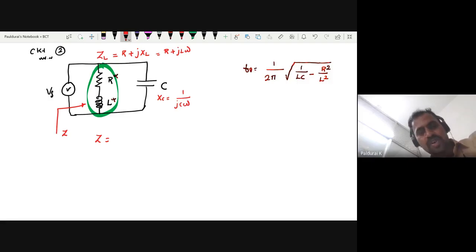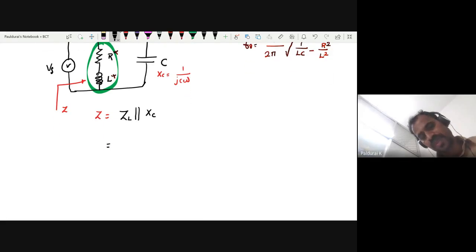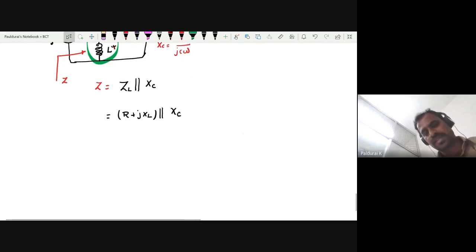So here total impedance Z is ZL parallel with XC, right? Any doubt? Where ZL equal to R plus J times XL, parallel with XC.